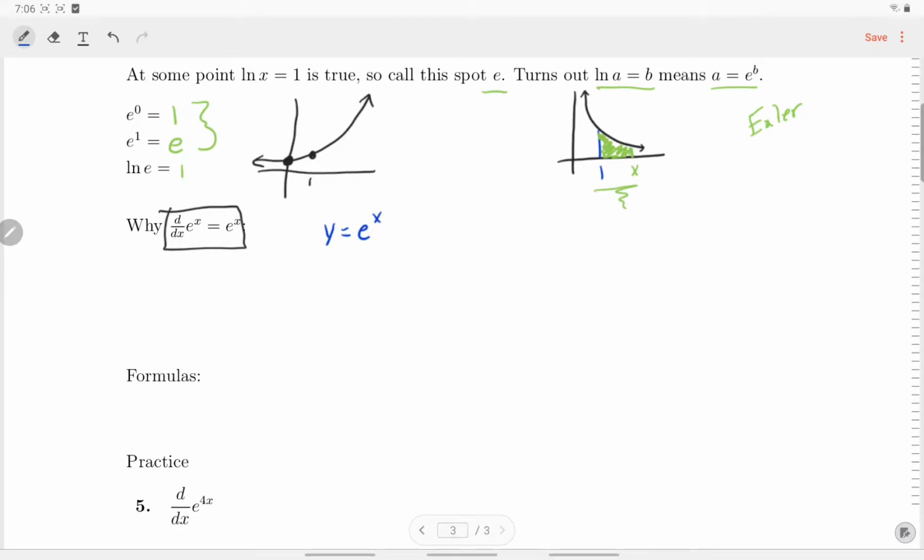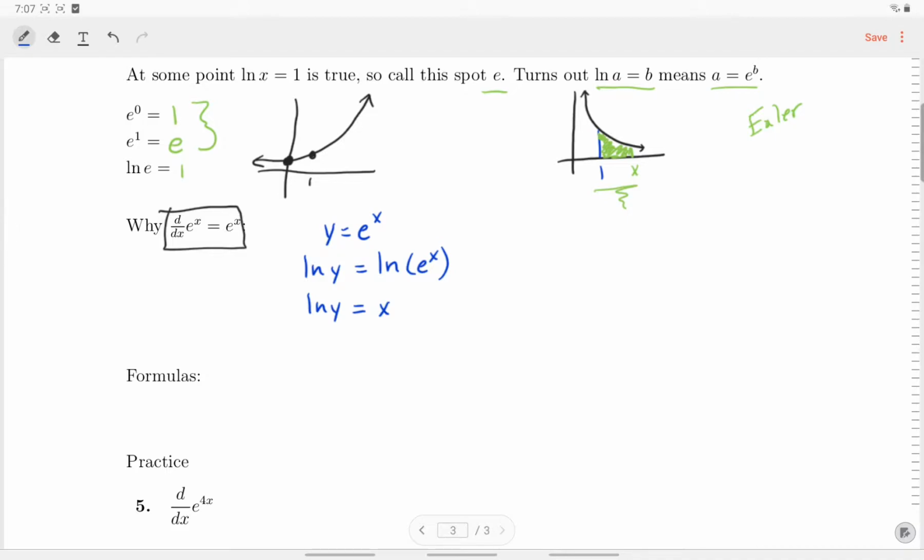If I take the natural log of both sides, I get natural log of y equals natural log of e to the x, but that right-hand side simplifies down to x. You can pull that exponent out, and natural log of e is 1.